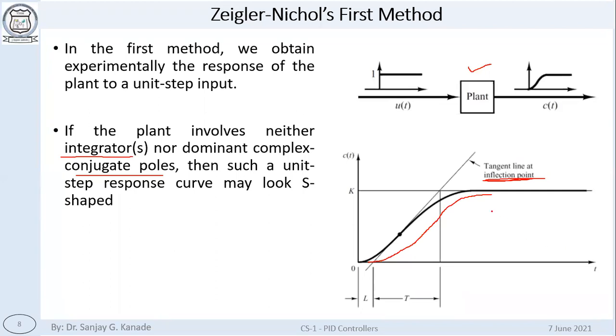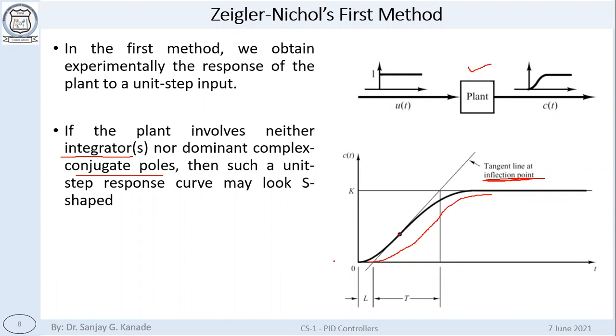It is the point where, if you start calculating the slope of this curve, the slope starts increasing, and after a certain point, the slope will start decreasing. The inflection point is that point where the slope stops increasing and starts to decrease. Basically you have to find out the maximum slope tangent to the curve, the tangent where the slope is maximum.